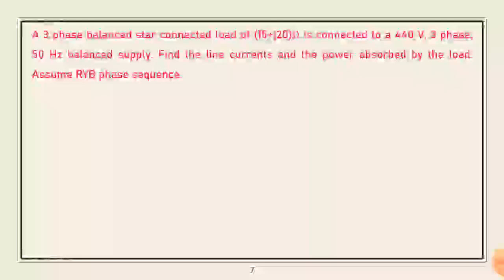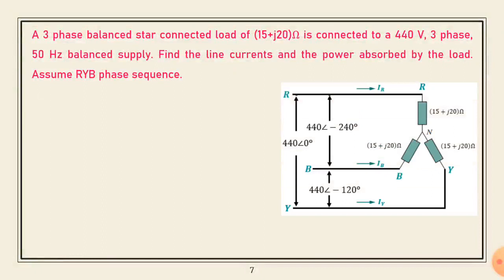Now, a three-phase balanced star connected load of 15 plus j20 ohms is connected to a 440 volt three-phase balanced supply. Find the line currents and power absorbed by the load. This is a three-phase star connected load where all the loads have equal values, and the system voltage is 440 volts.